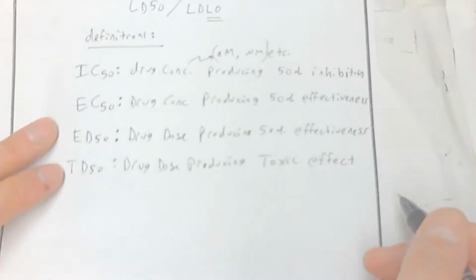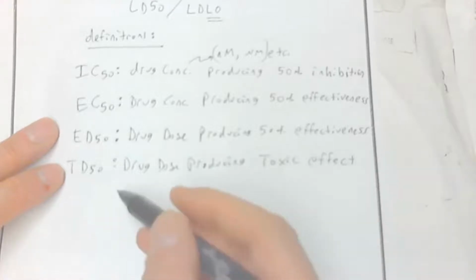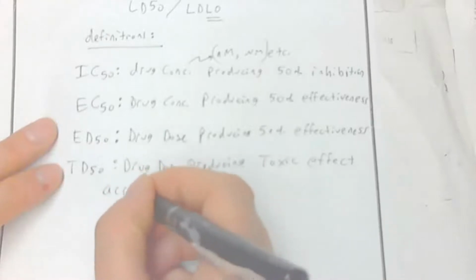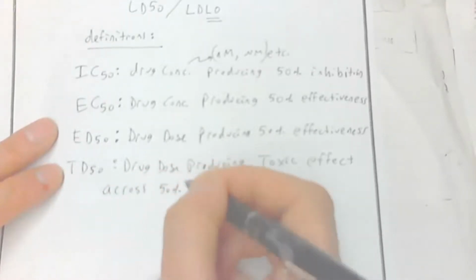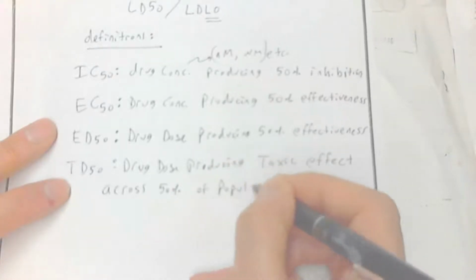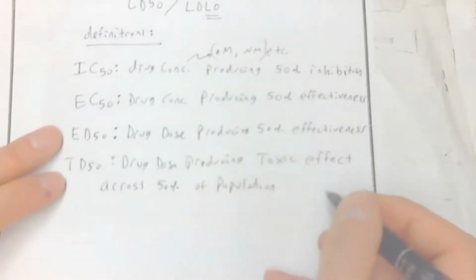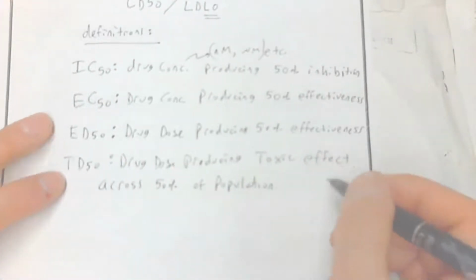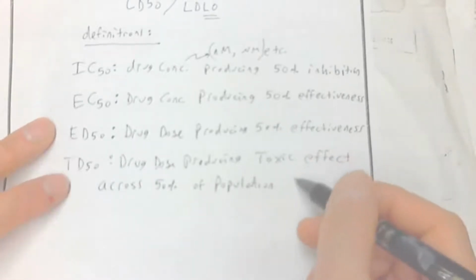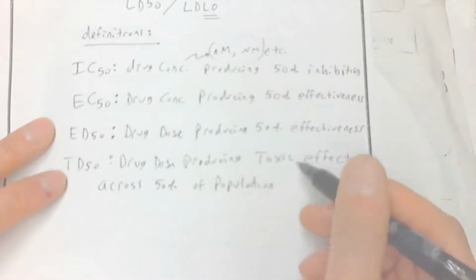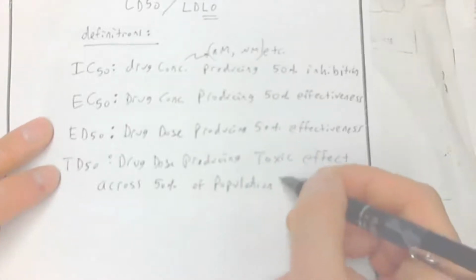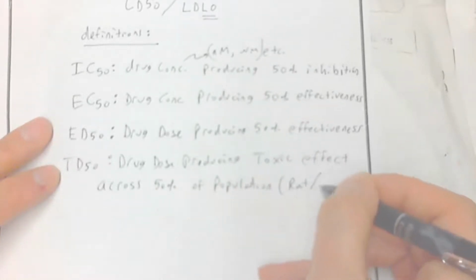They could produce some kind of neurotoxicity or something. So it's a little bit generic. A toxic effect across 50% of a population. Frequently they would use something like a rat or a mouse. It could also describe, for a wide scale study, an effect in humans as well. Usually we'll say rat or mouse.